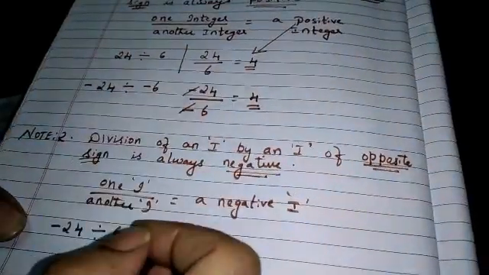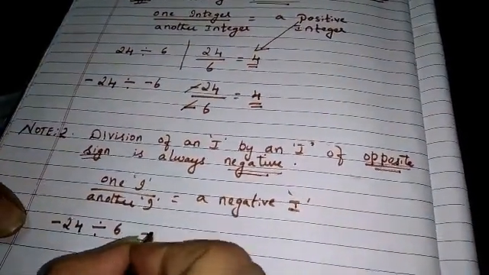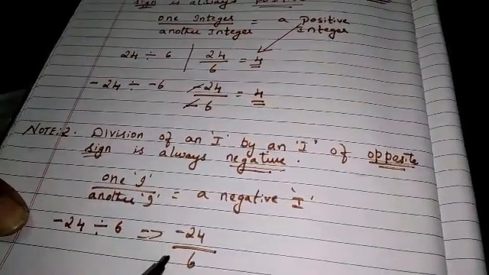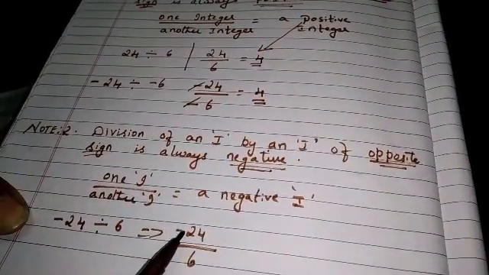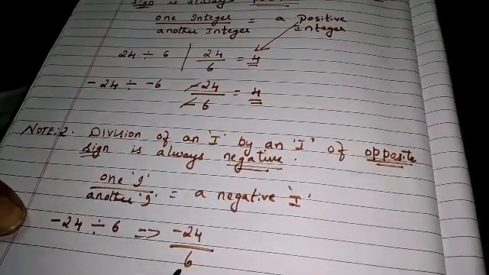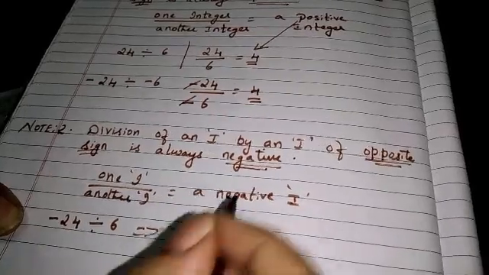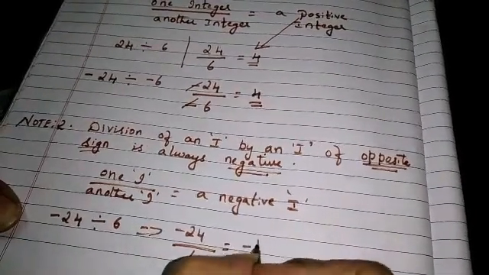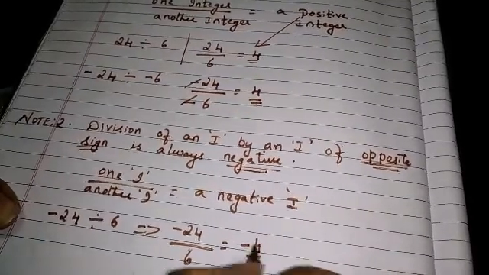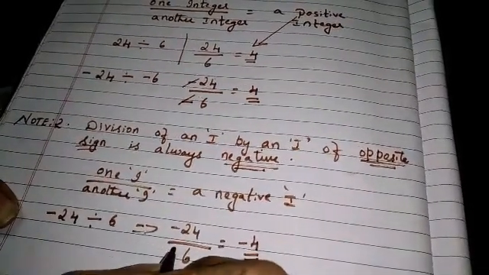Let's use the above examples themselves. What we see here is that the numerator has a negative integer and the denominator has a positive integer. So the answer that we get is minus 4, because one of the signs is minus here.